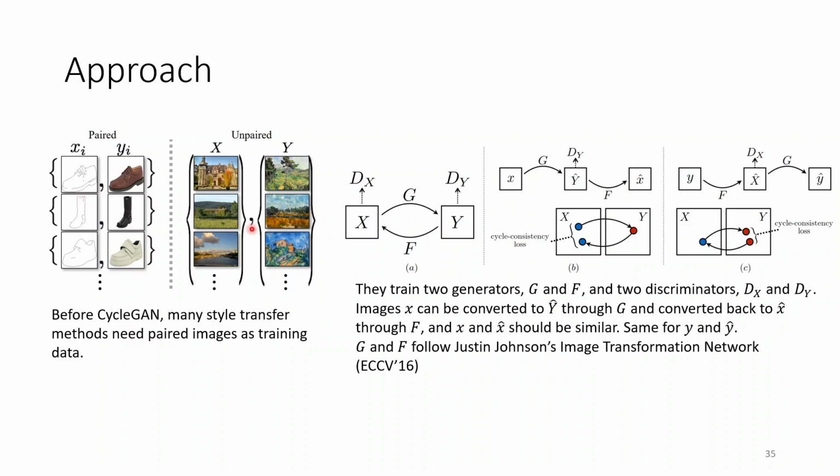But in CycleGAN, they say it's troublesome, so let's develop a method. We only need two collections of images, one for a domain, for example real images, and another for another domain, for example paintings.